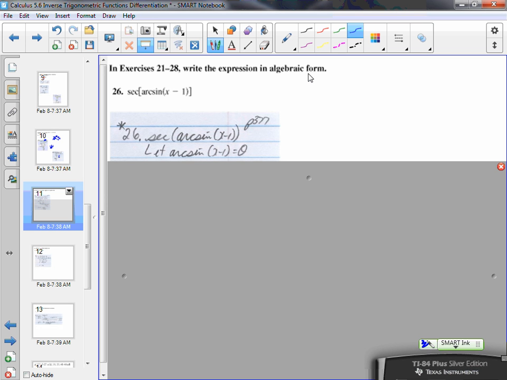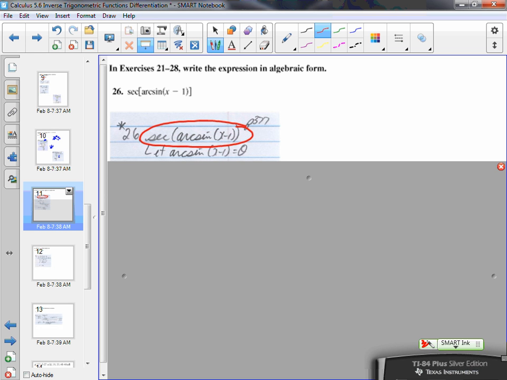Write the expression in algebraic form. In other words, when we're finished, we're going to have rewritten this expression so that it's just algebra, not trig anymore. Okay? So it's going to be an expression with x's, but not arc sines and secants.